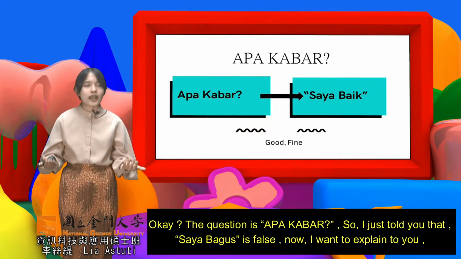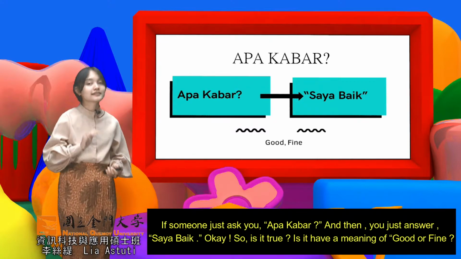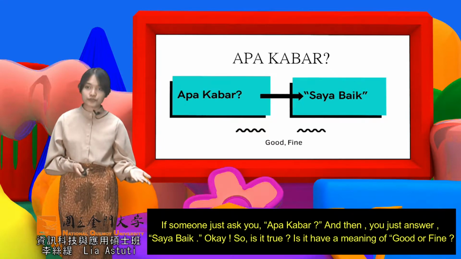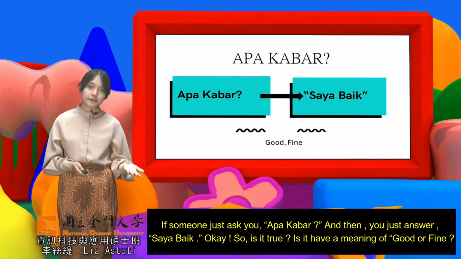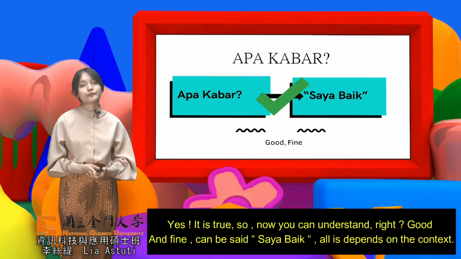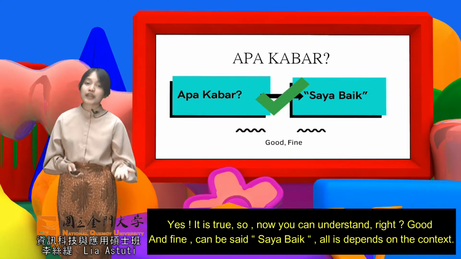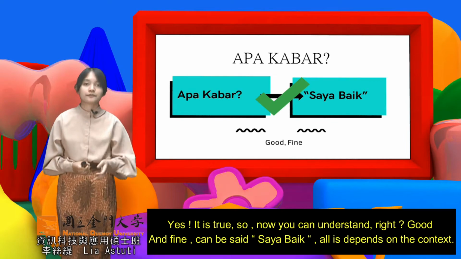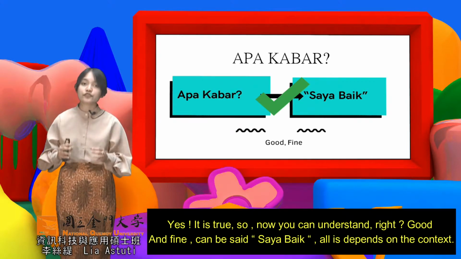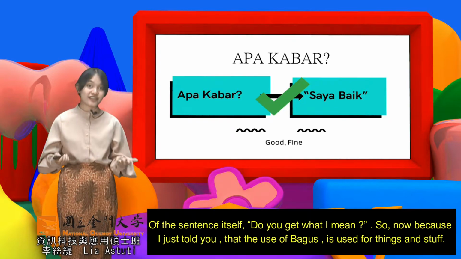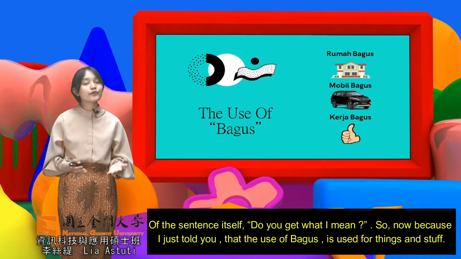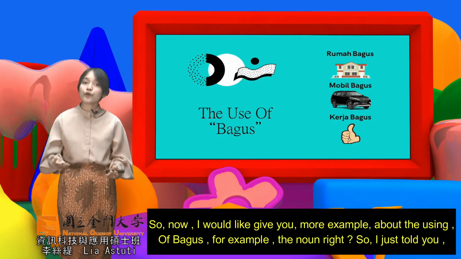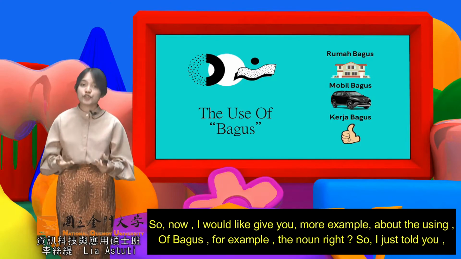Now if someone asks you apa kabar and you answer saya baik, is it true? Does it have the meaning of good or fine? Yes, it's true. So now you can understand, right? Good and fine can be said as saya baik. It all depends on the context of the sentence itself. Because bagus is used for things and stuff, I would like to give you more examples.